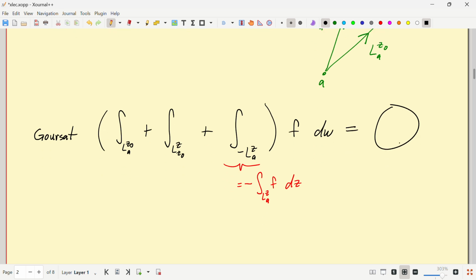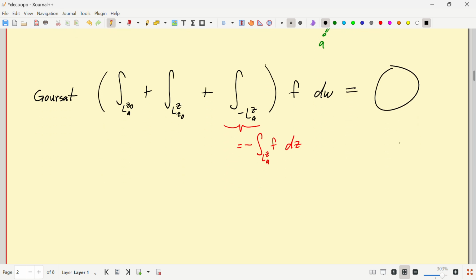And when I put that on the other side, I get F of z minus F of z naught is equal to the integral from z naught to z of f dw.